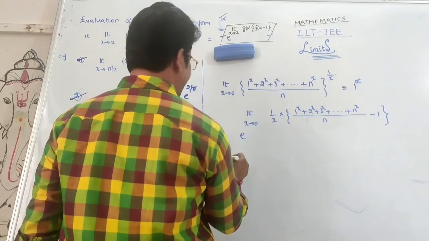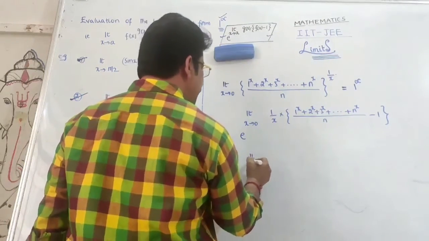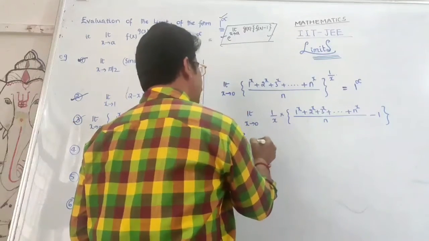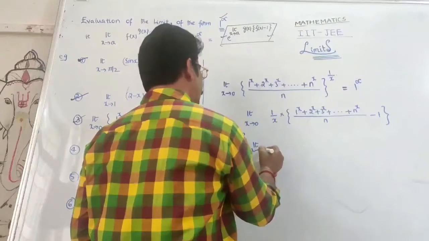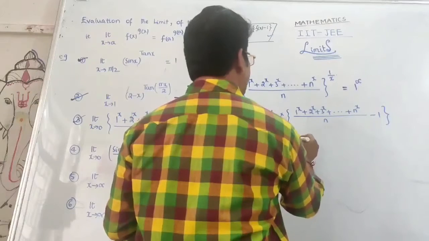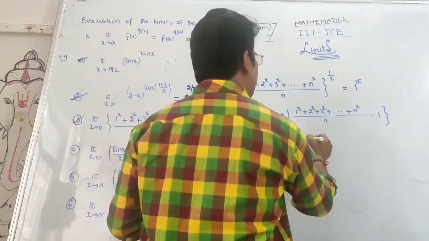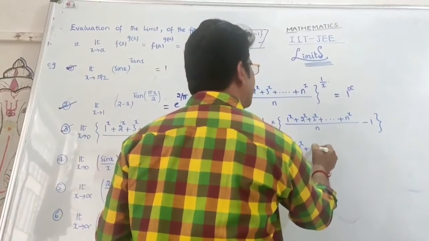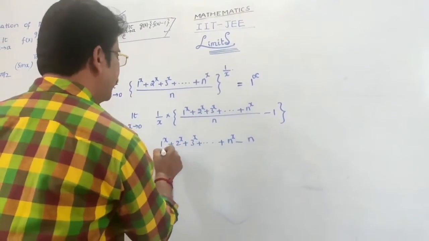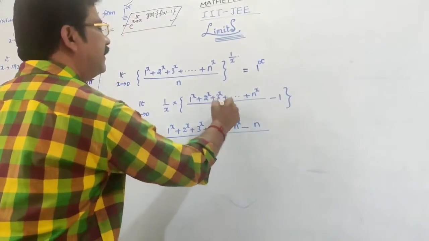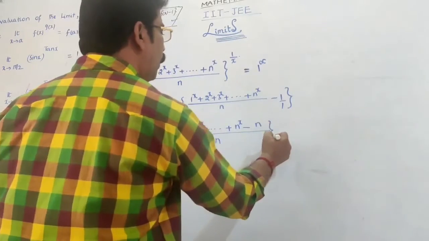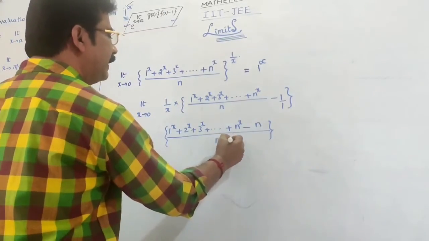So that is the first simplification: e power limit x tends to 0 of 1 to the power of x plus 2 to the power of x plus 3 to the power of x and so on plus n to the power of x minus n, divided by n (LCM n), into 1 by x, which means it is nx.